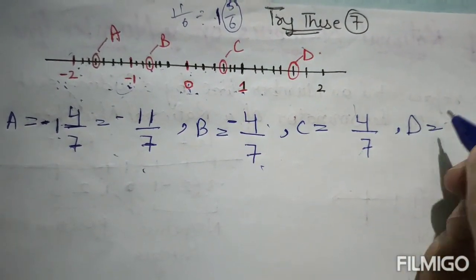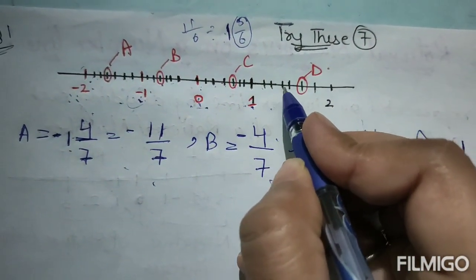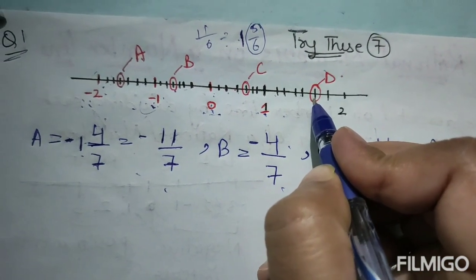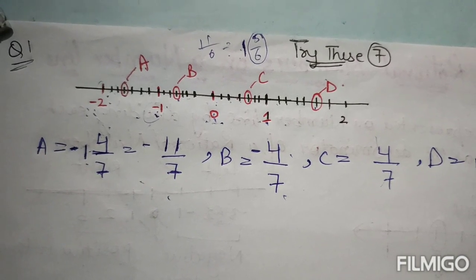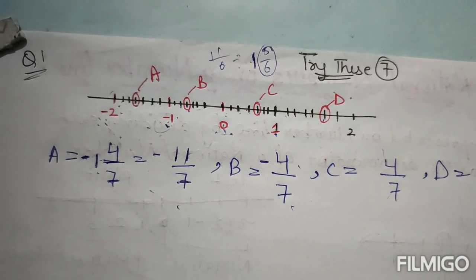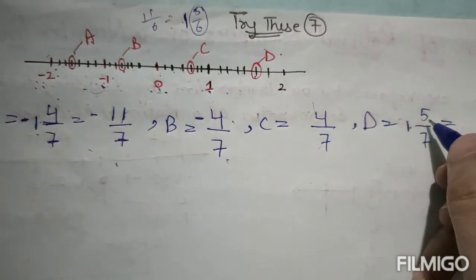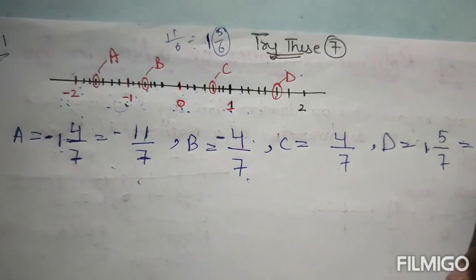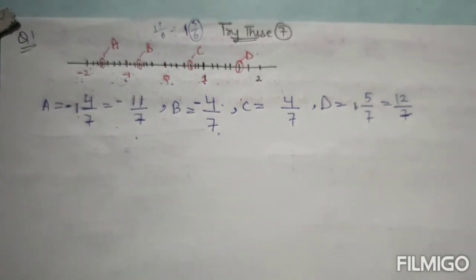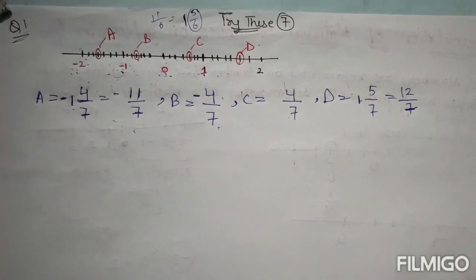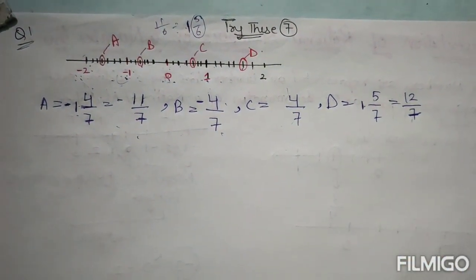Now D will be a mixed fraction: 1, then 1 2 3 4 5, so it will be 1 5/7. That will be 7 times 1 is 7, 7 plus 5, it will be 12/7. This is how we are going to solve it. Clear? A, B, C and D.